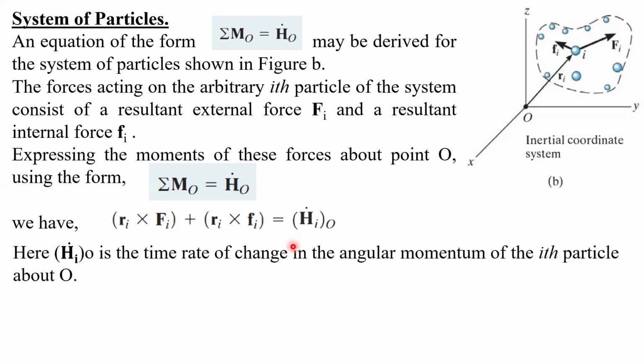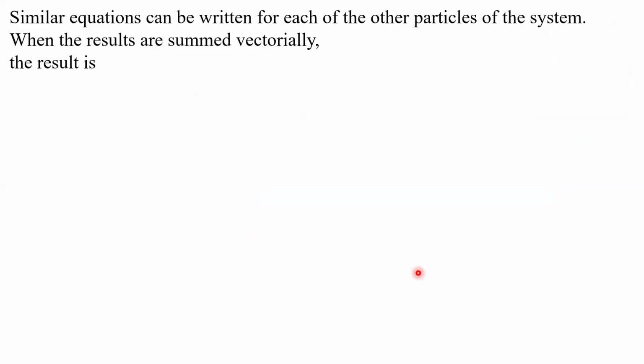So here, Hi dot O is the time rate of change in the angular momentum of the ith particle about O. Similar equations can be written for each of the other particles of the system. When these results are summed up vectorially, the result is, just put a summation sign, so that it shows that you are summing all the terms for each particle together.